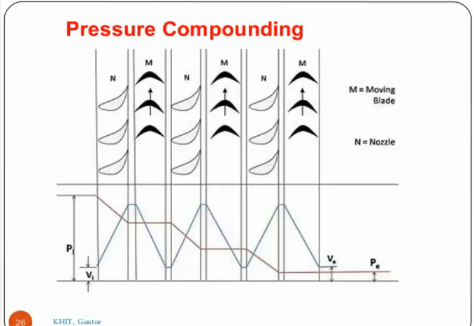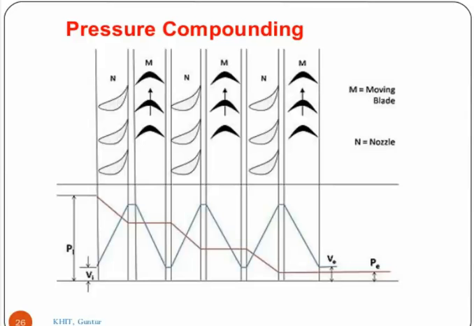The steam from the first ring of moving blades enters the second ring of nozzles, where its pressure is further reduced and velocity increases again. The next ring of moving blades absorbs the velocity obtained from the second ring of nozzles. The process is repeated in the remaining rings until the whole of the pressure has been absorbed.